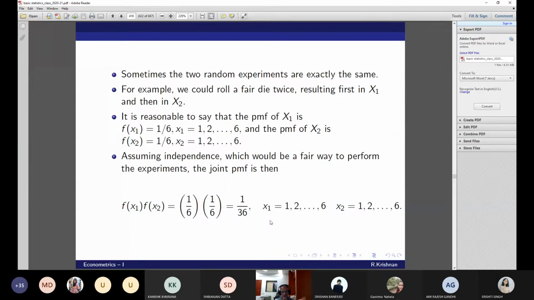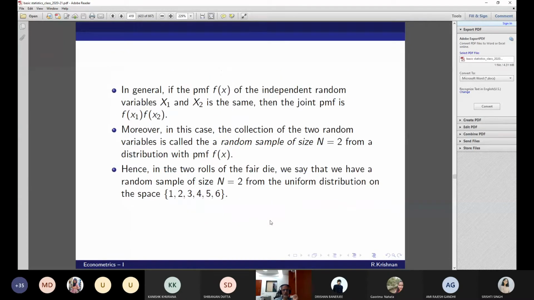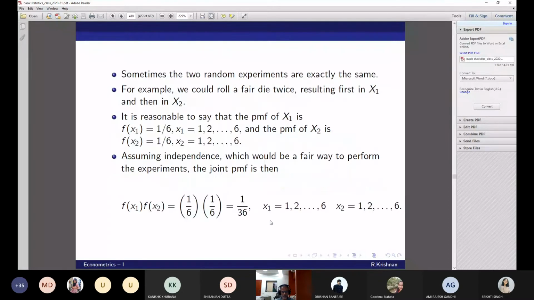The space of x1 and x2 is given. In general, if the PMF of independent random variables x1 and x2 is the same, then the joint PMF is f(x1) f(x2). What do we mean in this case? The random variable is nothing but the rolling of a die. This random experiment was conducted twice.